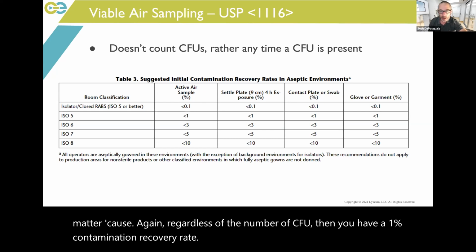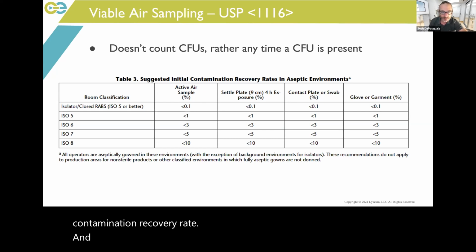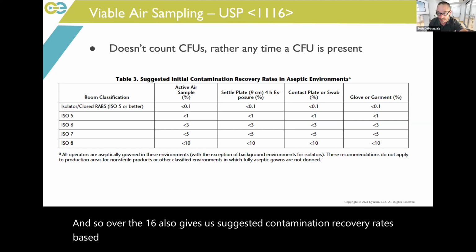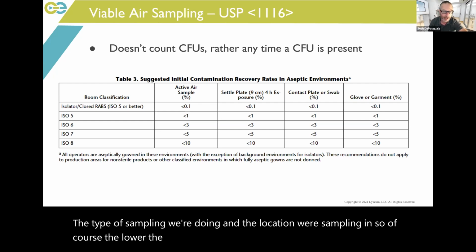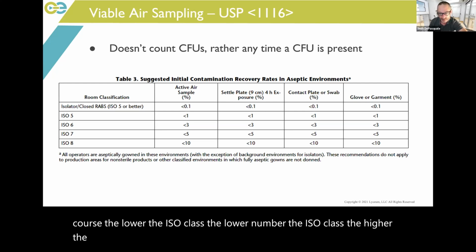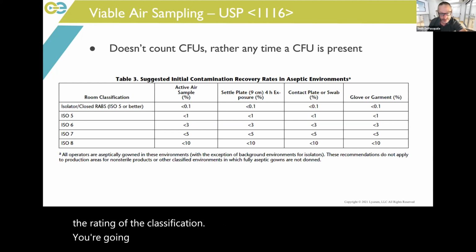And so 1116 also gives us suggested contamination recovery rates based on the type of sampling we're doing and the location we're sampling in. Of course, the lower the number of the ISO class, the higher the rating of the classification, so you're going to want way less of a contamination recovery rate.